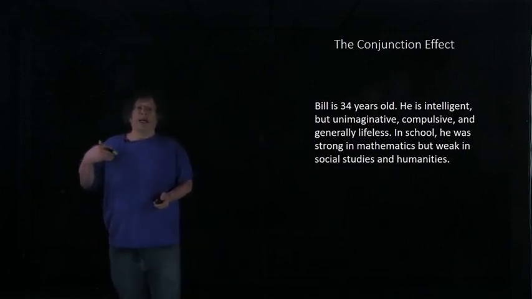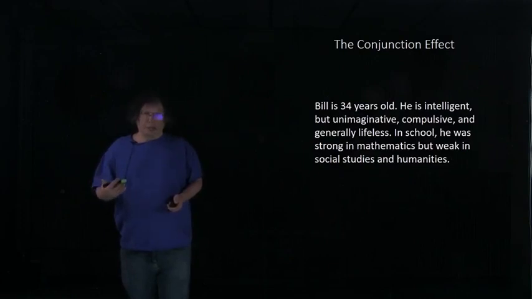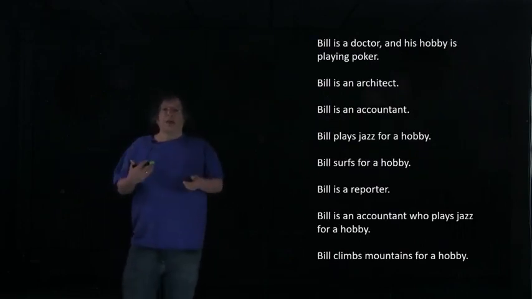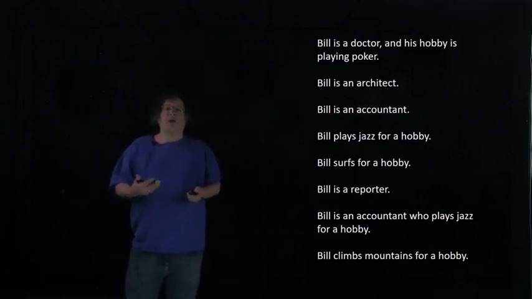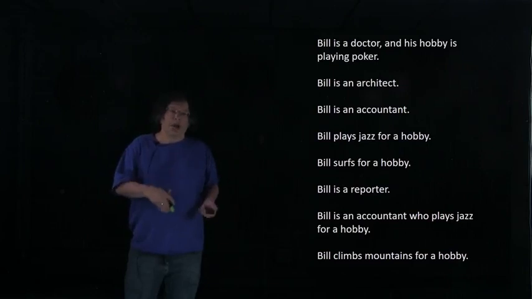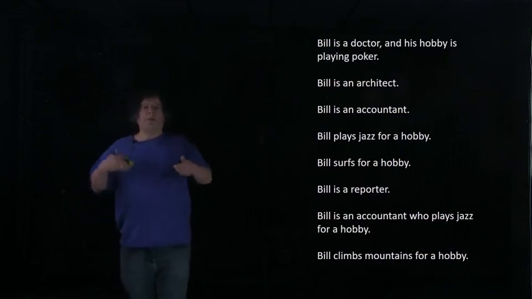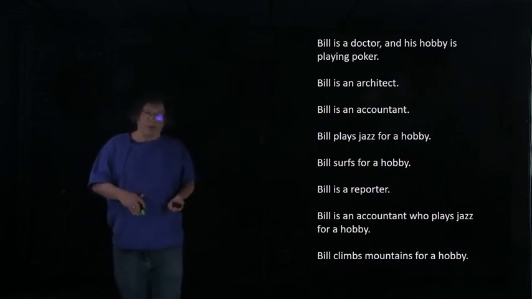And now you're given a collection of statements about Bill, like these, and your job is to rank order these statements from most to least probable. That's the idea. So you take these statements about Bill and you order them from most to least probable.